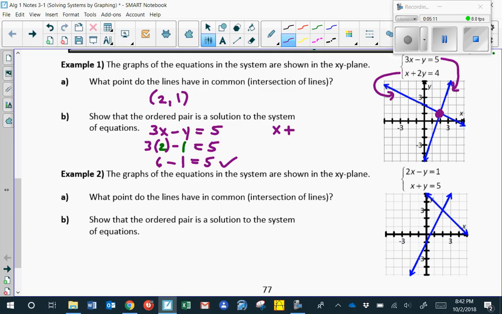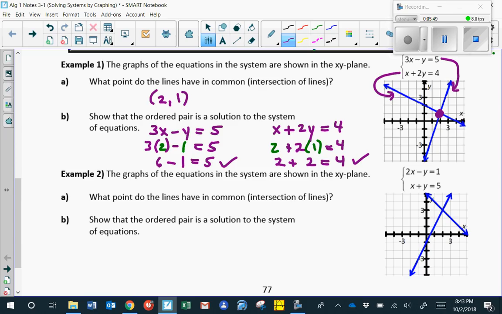Now let's test it in the second equation, x + 2y = 4. So we'll replace the x value with 2, and we'll replace the y value with 1. So that gives us 2 plus 2 is equal to 4. That's also true. So we've just shown that the ordered pair (2, 1) is a solution to both equations and therefore to the system of equations.